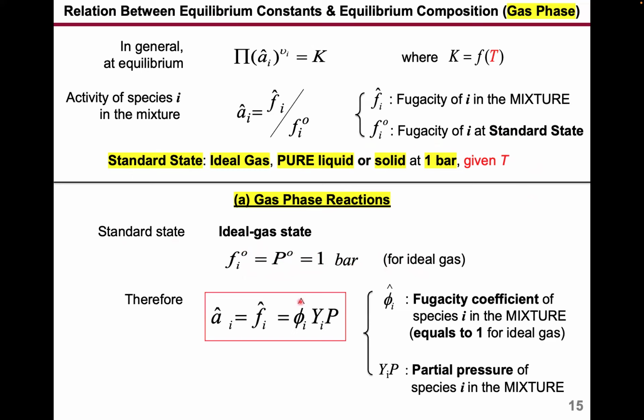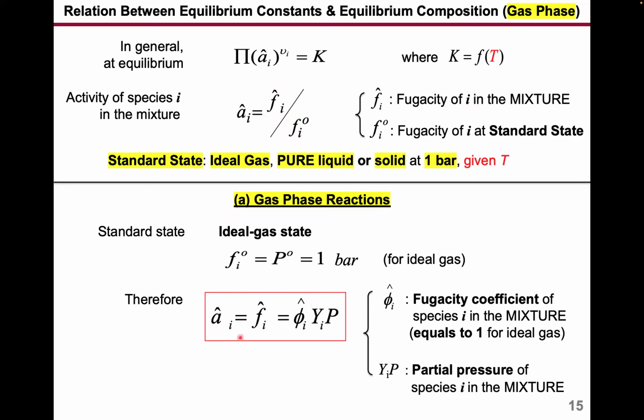Then you plug in, and you can quickly realize the activity is just equal to the fugacity of species i in the mixture.